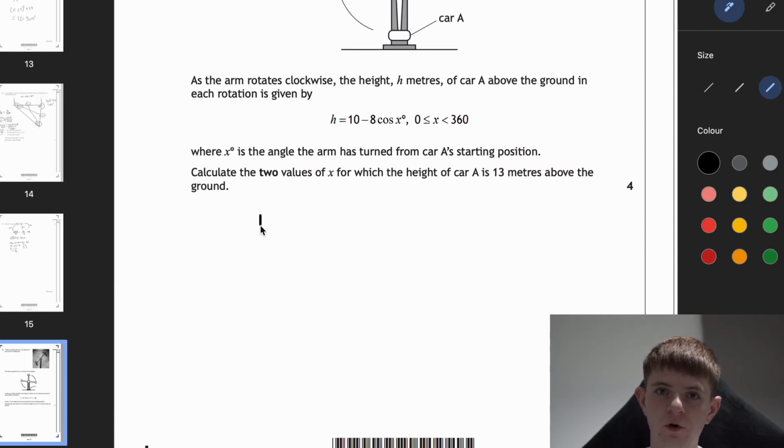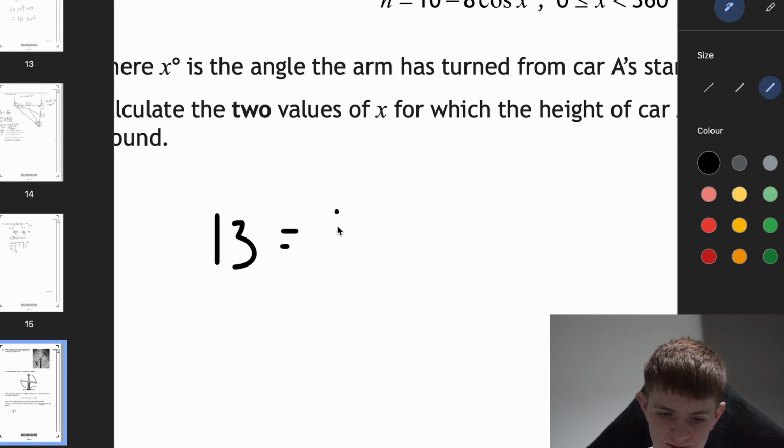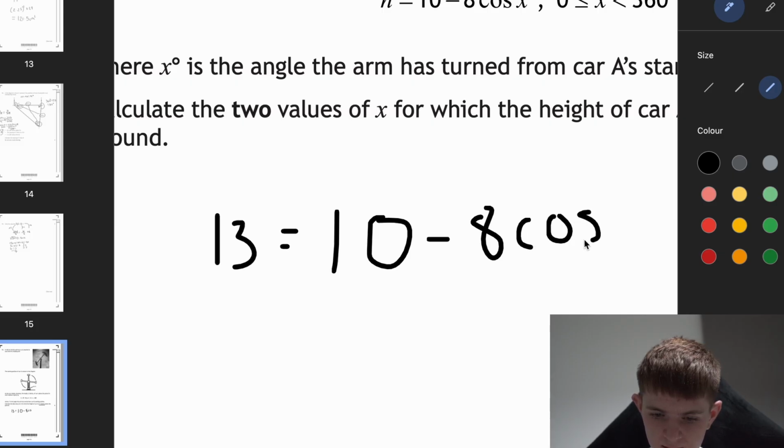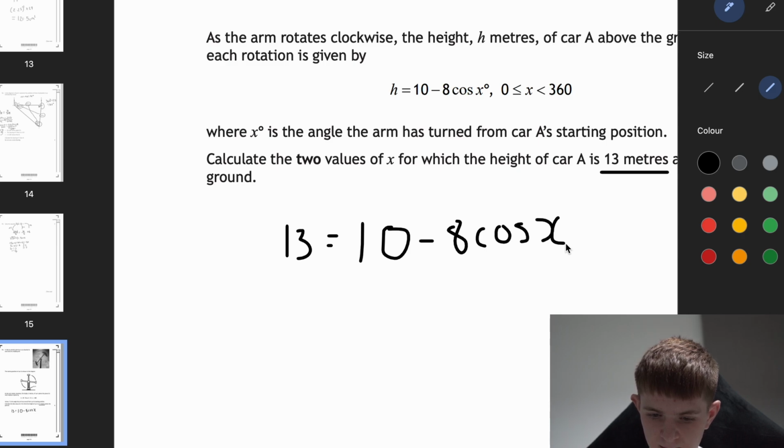Question 14. In my opinion, hardest question in the paper. So it's telling us the height is 13 metres. So we can add that in. So we've got 13 equals 10 take away 8 cos x. I'm going to try and get cos x on its own, so I'm going to take away 10.